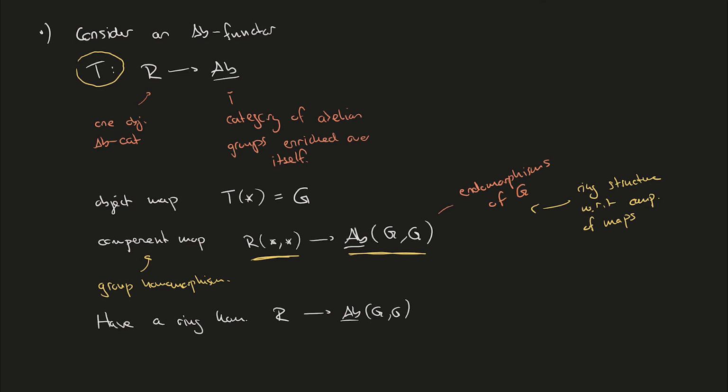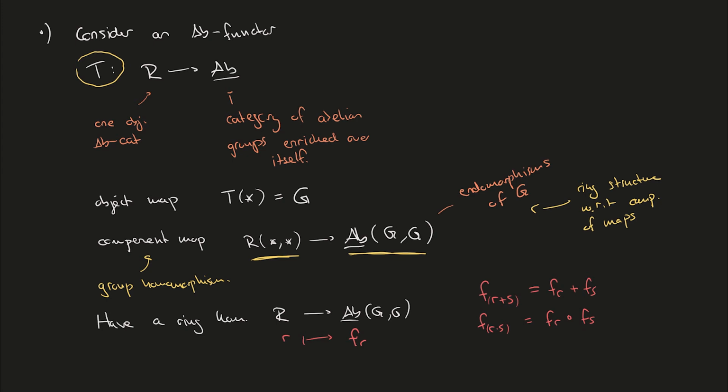Let's spell out what this means. So our ring homomorphism takes some element r of R to an endomorphism f_r. Now, because it's a ring homomorphism, it means that f_{r+s}, so that's the endomorphism that r+s is mapped to, is equal to f_r + f_s, because we have plus being the addition in the endomorphism ring. Next, we have f_{rs} is equal to f_r after f_s, because composition is the multiplication in the endomorphism ring.